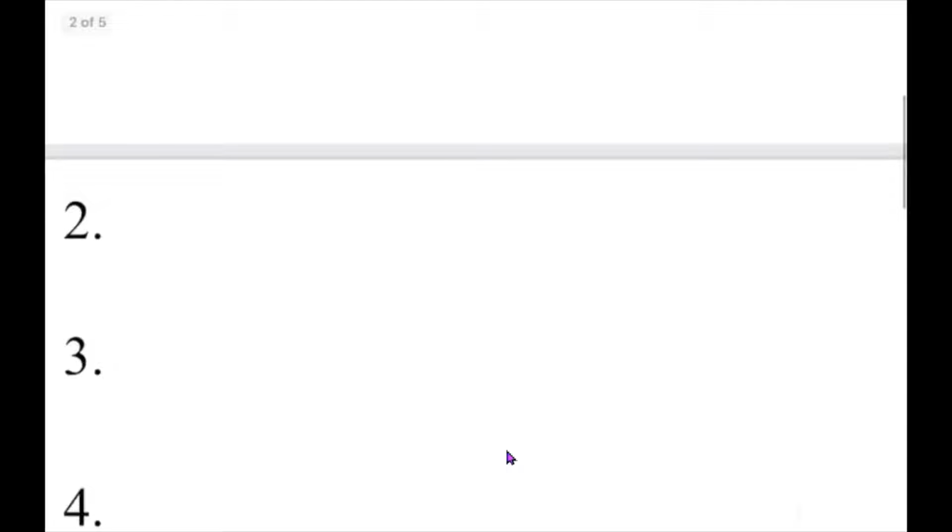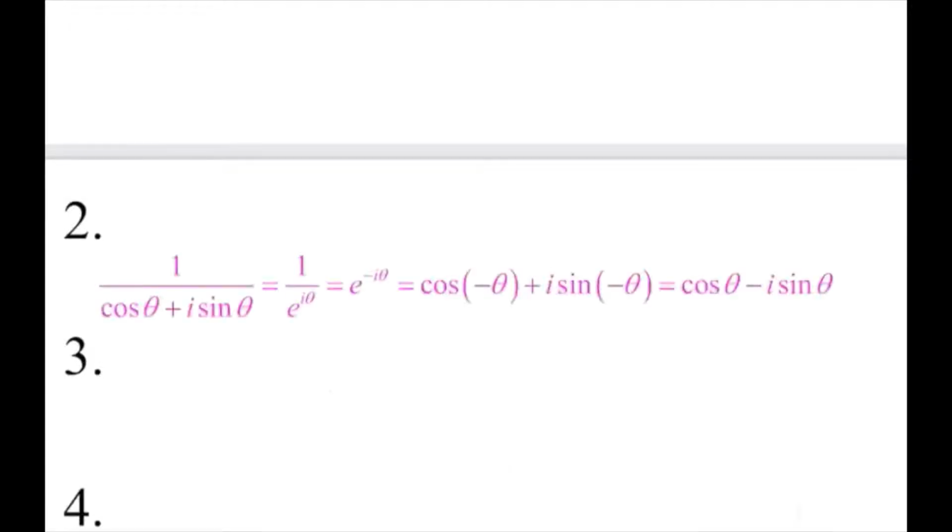The next one is the reciprocal of cos theta plus i sin theta. 1 over (cos theta plus i sin theta) is 1 upon e power i theta. So this can be taken to the numerator, then the index becomes minus i theta.